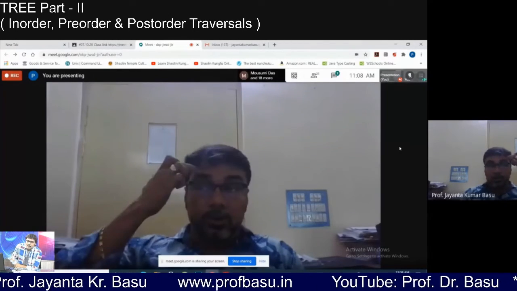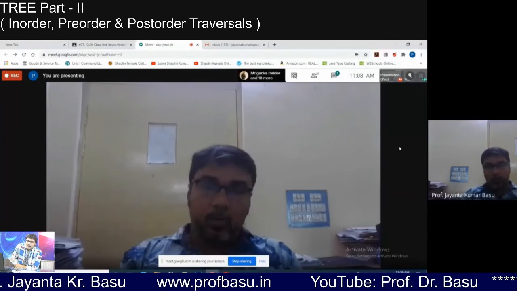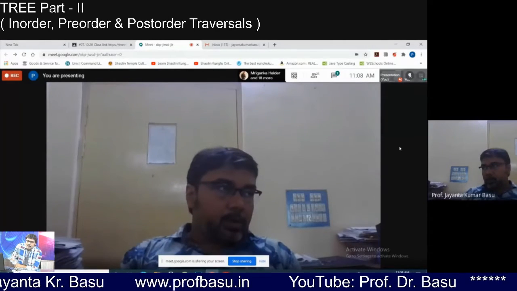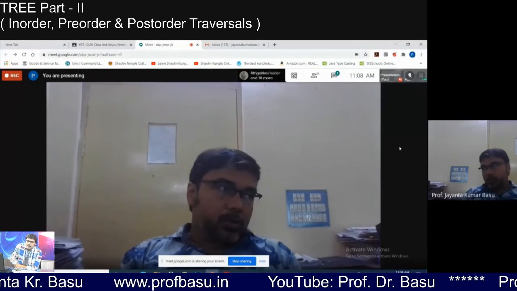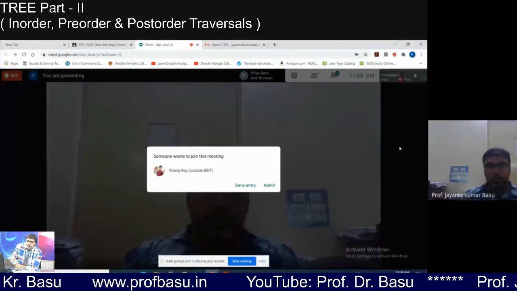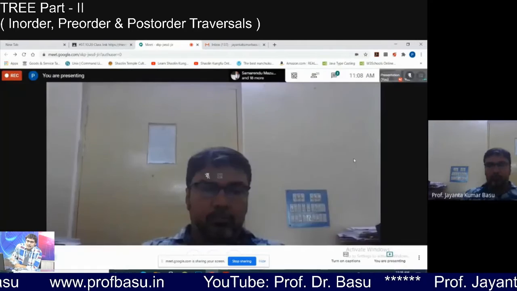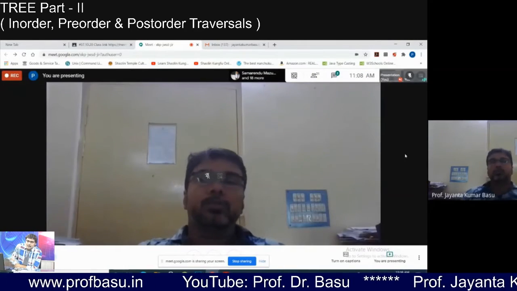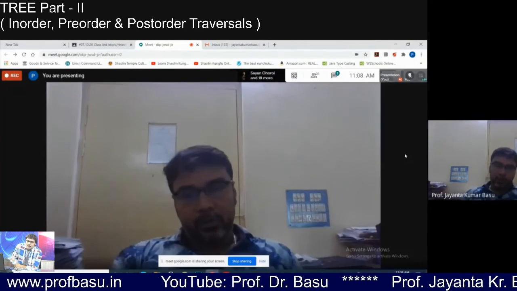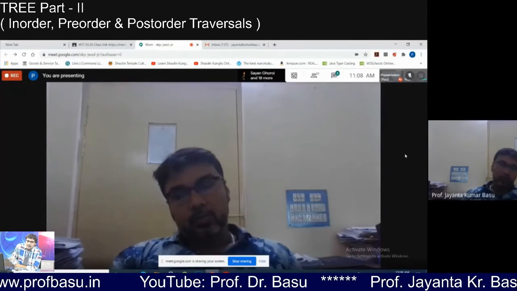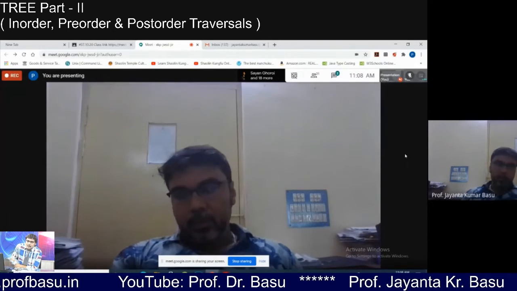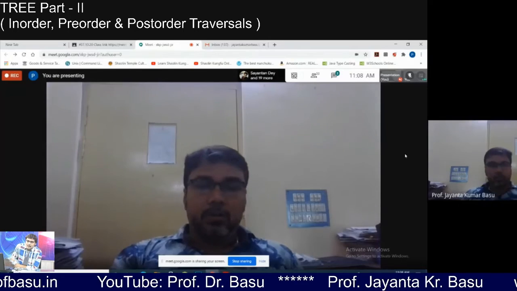This way, we have to start from the root. I discussed the structure of a tree, how it is formed. To search a particular node in a tree, we have to use some techniques.